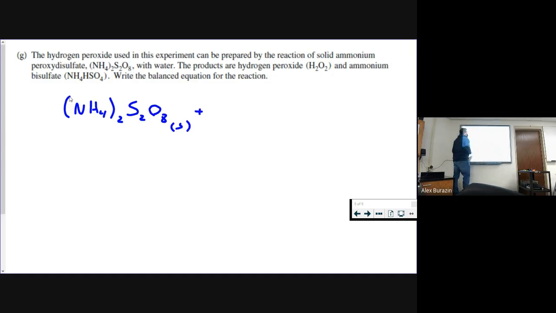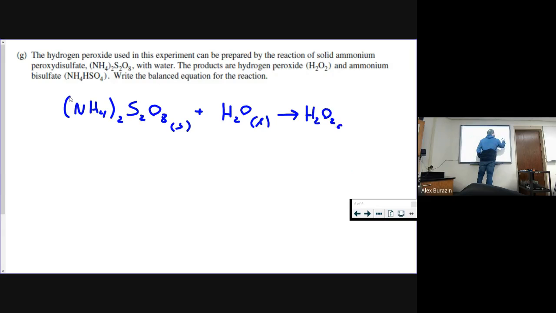And they told me what I'm reacting with. They say I'm reacting with water. And then I'm producing H2O2, and that's going to be aqueous, because we're in water.